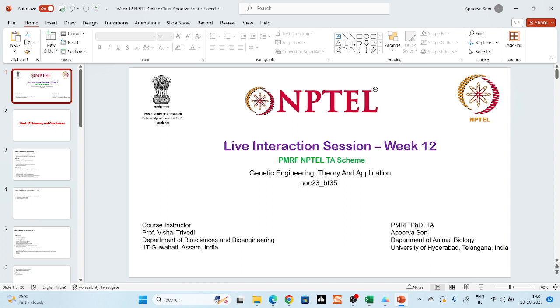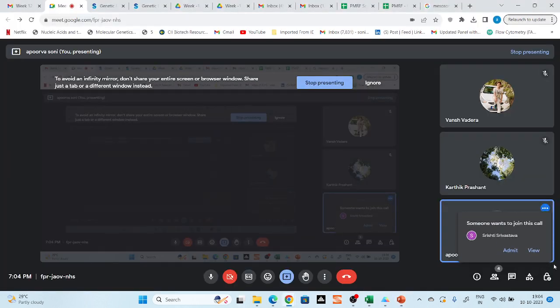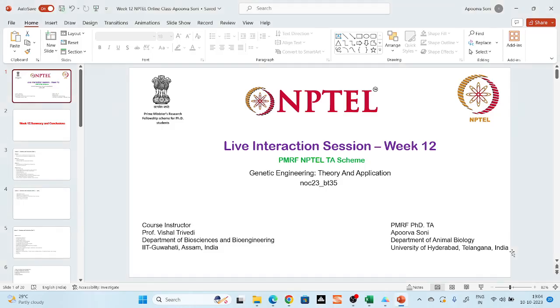So today we are going to sum up everything that we have learned in this module. The module is about genetic engineering. Right from the starting, picking up the genomic gene of interest from the whole genome, whether you know the sequence or you don't know the sequence. After that, cloning of that particular gene of interest into your desired vector.